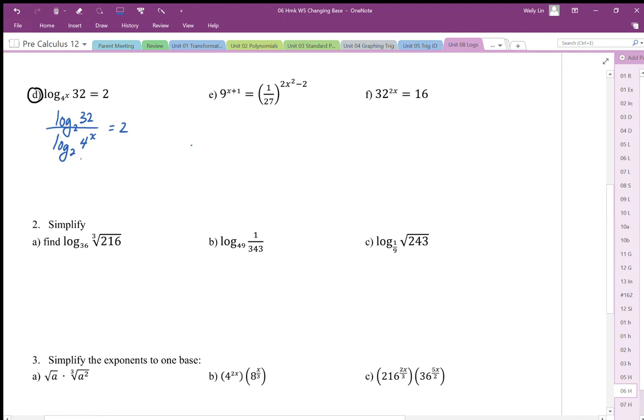We can isolate the x. So that's what I'm going to do first. So I'm going to go log base 2 of 32 is equal to x log base 2 of 4, and that's going to be equal to 2. I'm going to evaluate those base 2 logs. So base 2 log of 32 is going to be equal to 5.